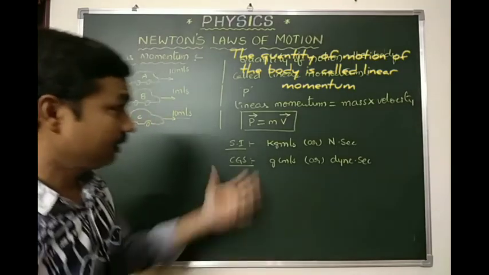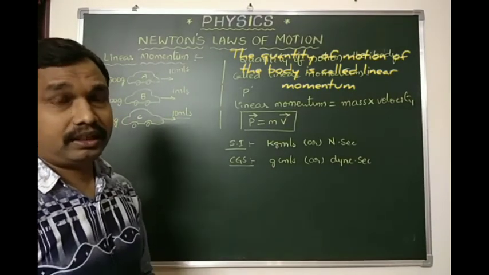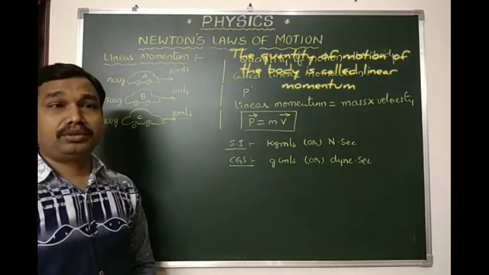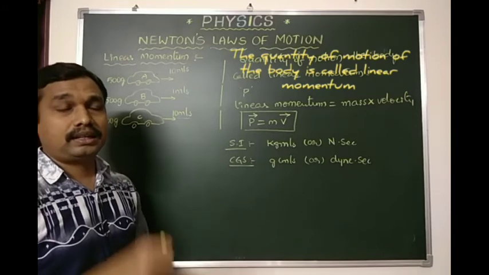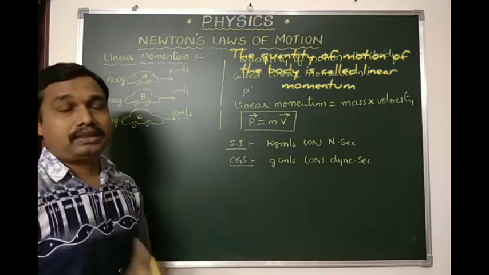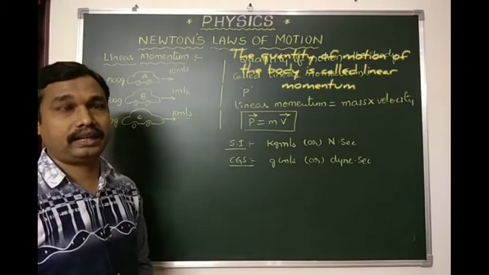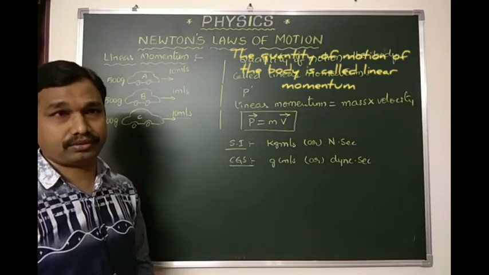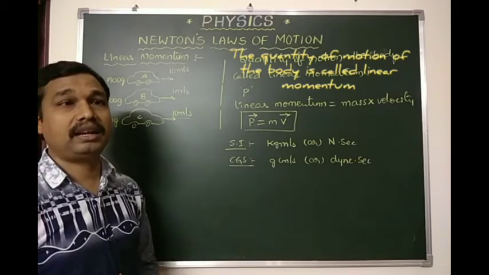After completing this, we have Newton's second law of motion. According to Newton's second law of motion, for example, consider a person cycling. A heavier person going on the cycle needs to apply a large amount of force, but the change in velocity will be less.